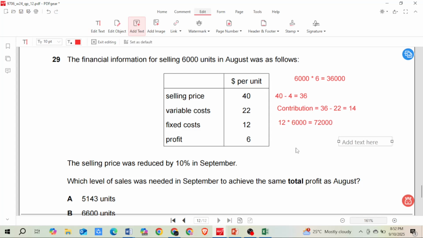Now, as I told you, in order to calculate the number of units, we need the desired profit formula. The desired profit formula is exactly like the break even point formula, but the only difference is that in break even we don't have any profit, and here we include profit. So fixed cost, which is 72,000, plus the desired profit, which is 36,000 that we want to make, divided by contribution per unit.